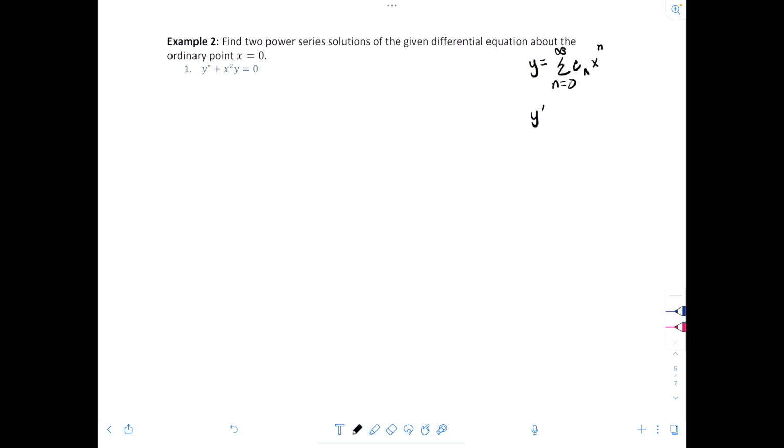So y prime will be the summation as n goes from 1 to infinity of c sub n times n times x to the n minus 1. We looked at all this in the last section. And y double prime will be the summation as n goes from 2 to infinity of c sub n times n times n minus 1 times x to the n minus 2. We'll be using those for both examples that we have.